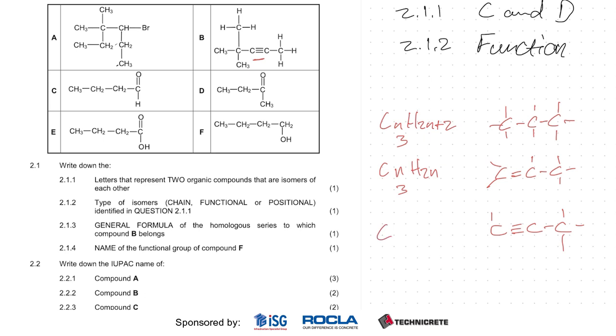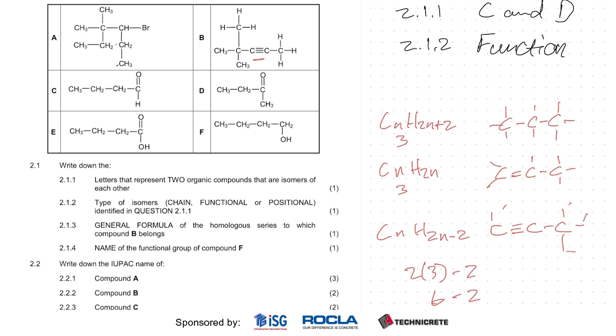So Cn and then H, what would the H part be if we can only fit 4 hydrogens and we have 3 carbons? Well, it looks something like this. And if we do the math, 2 times our 3 carbons minus 2, 6 minus 2 equals 4, which is the 4 we fit here, here, here, and here.